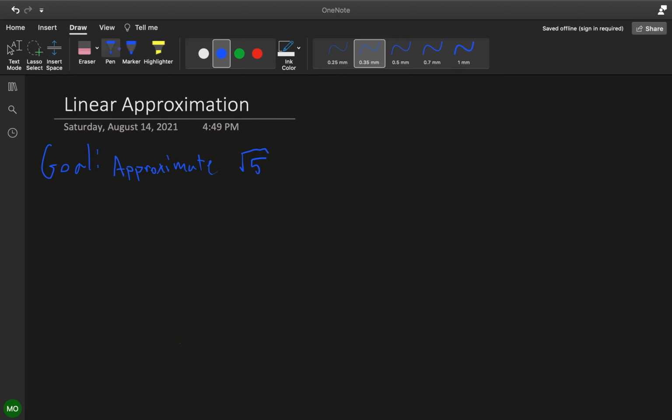Today we're going to talk about linear approximation, and our overall goal is going to be to approximate the square root of 5. So let's start off by graphing this. Let's graph a function that includes the value square root of 5.